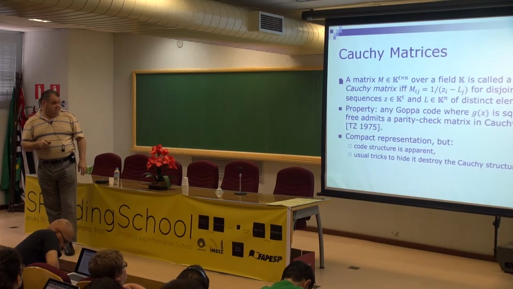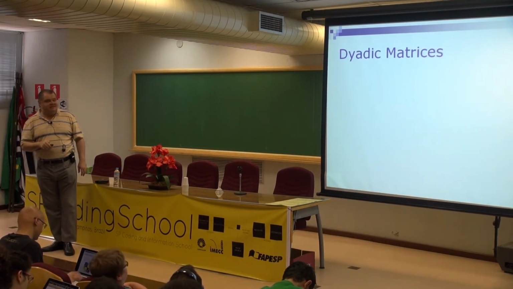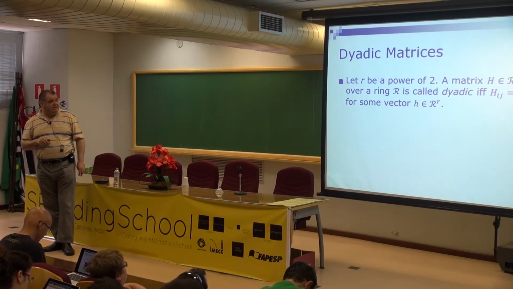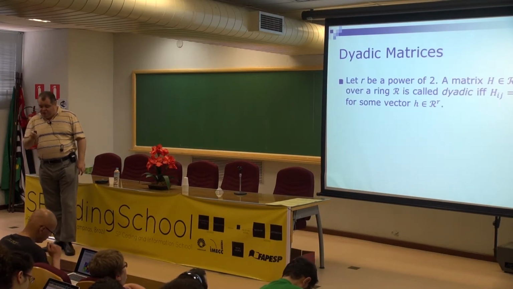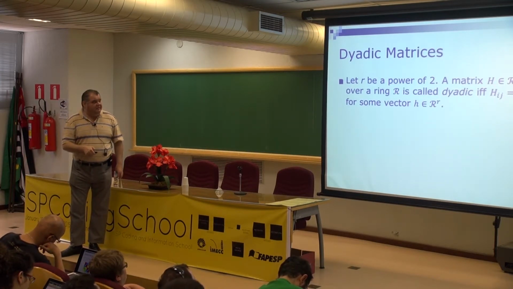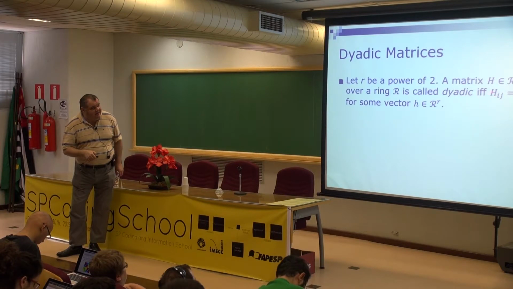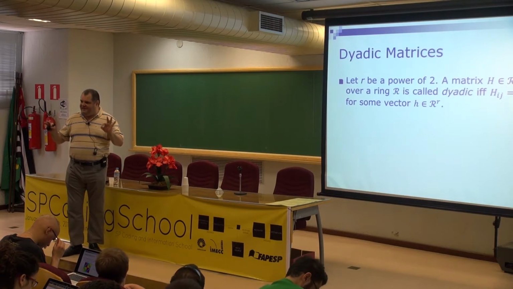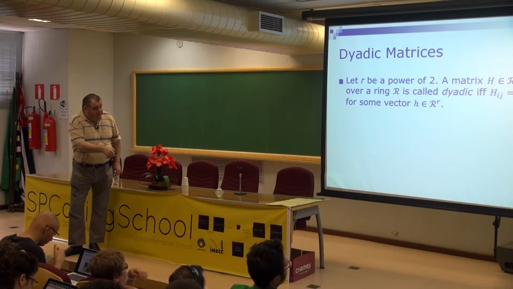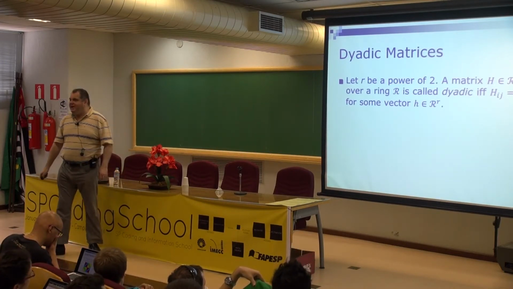Now, okay. Let's have a look at another family of matrices, the family of dyadic matrices. Let R be a power of 2. A dyadic matrix H is an element of the ring of R by R matrices, where the element H sub ij equals a given vector of length R, vector h, indexed at i exclusive or j.